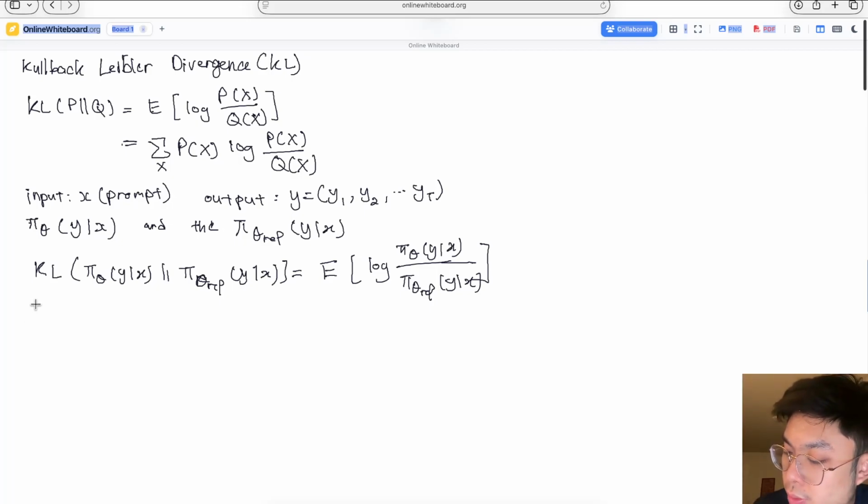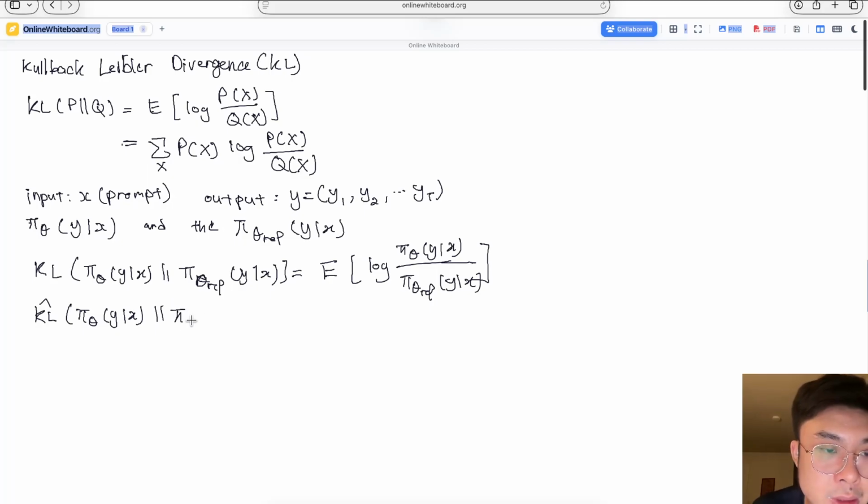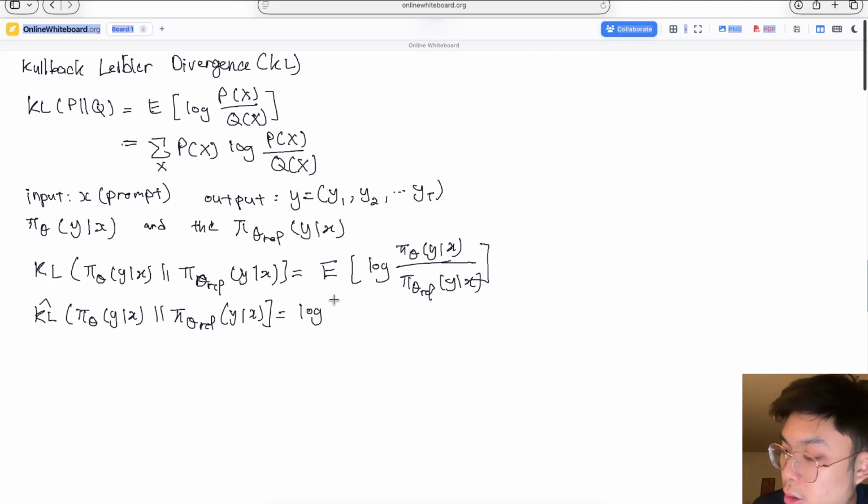So the way that we can estimate this is to use a single sample estimate. Here we'll define the single sample estimate for that particular sequence, and the single sample estimate would just be the log of this.